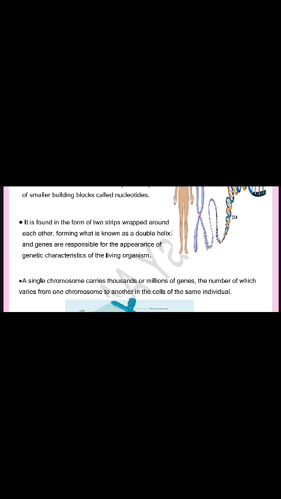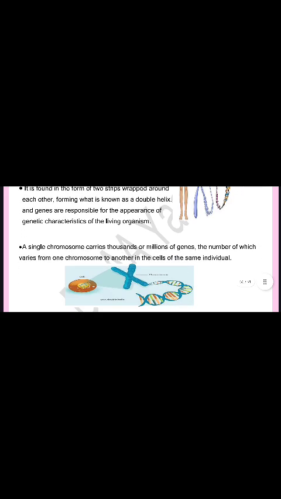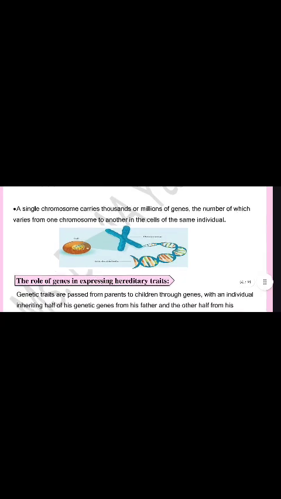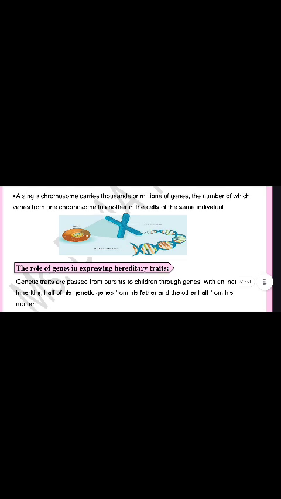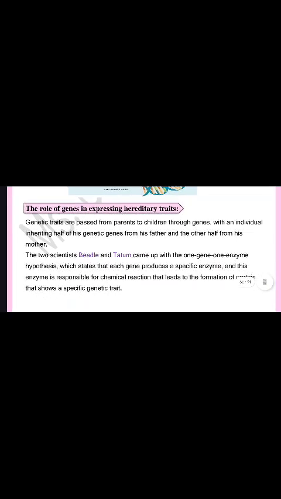And genes are responsible for the appearance of genetic traits within living organisms. A single chromosome carries thousands and millions of genes, the number of which varies from one chromosome to another in the cell of the same individual. The role of genes is expressing the inherited traits.